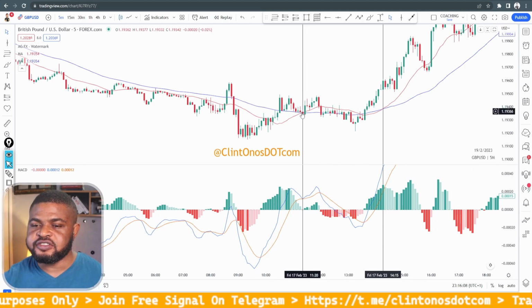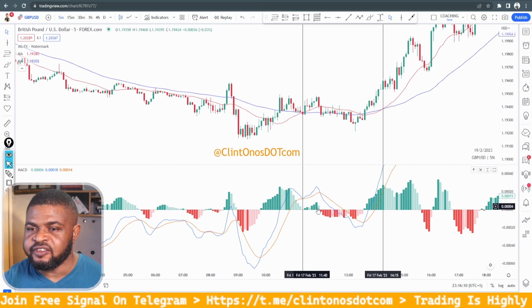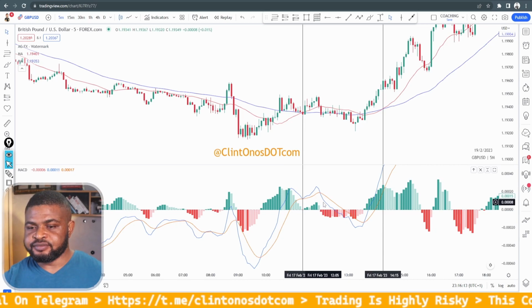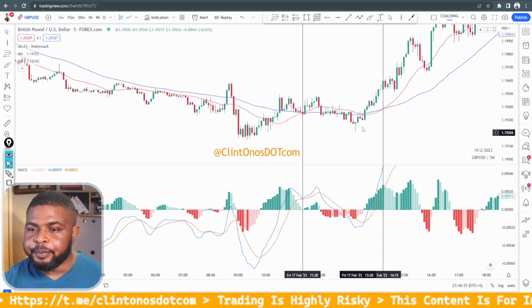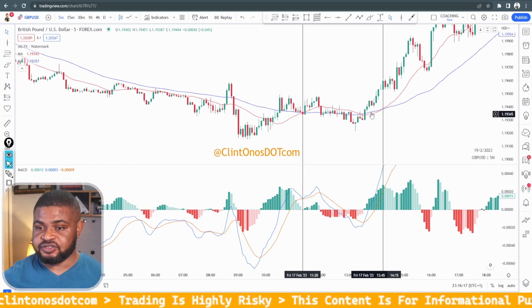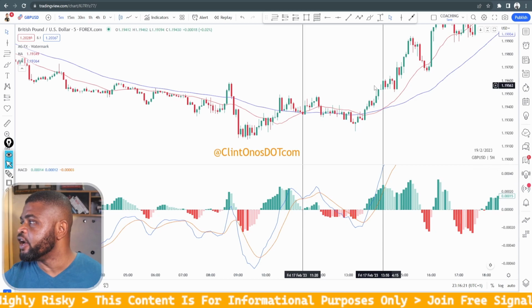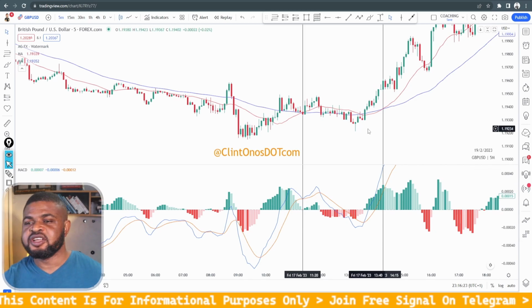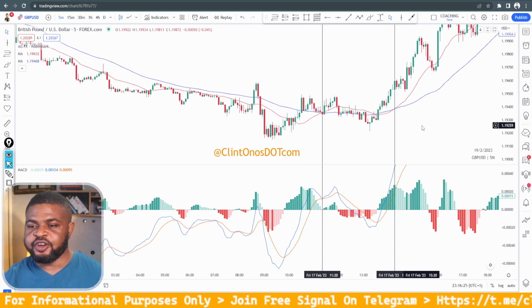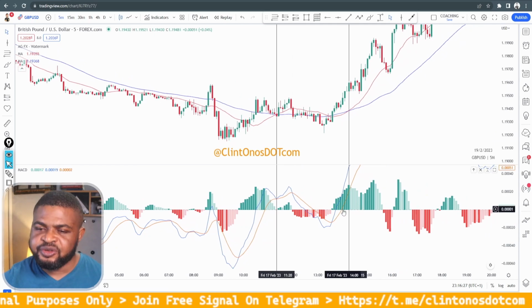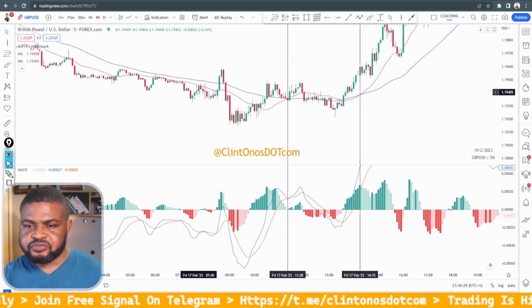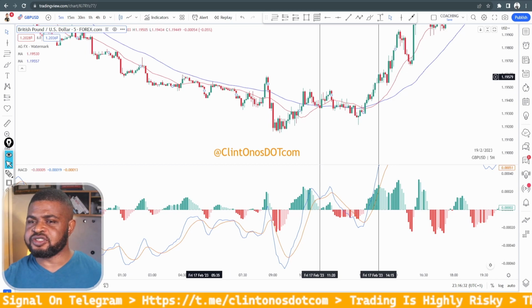So when the crossover happens here, you might be looking for a confirmation right there, right? So when it happens, you're looking for the second one. This is your strategy. Then when the crossover happens somewhere here, you can take a trade to the upside.